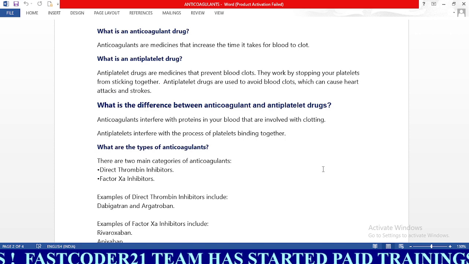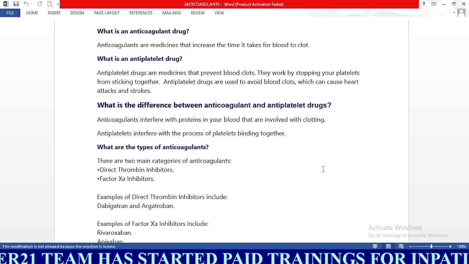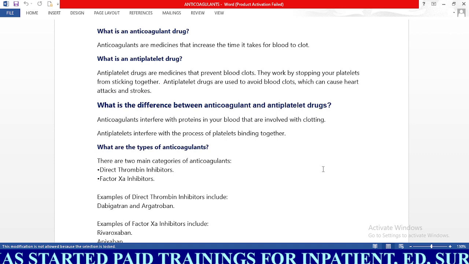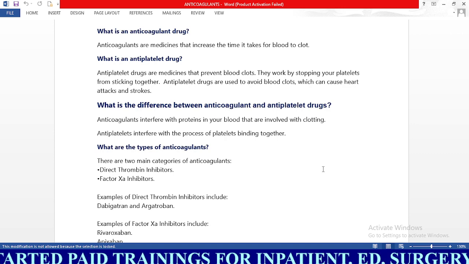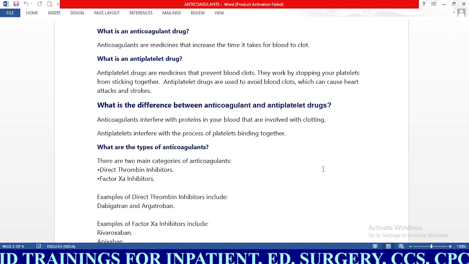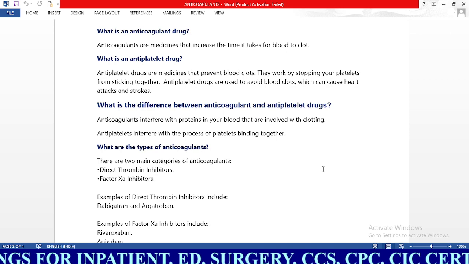They promote free flow of blood by preventing the clot. Anticoagulant means anti, meaning opposite, and coagulant, meaning clot creation. So in order to prevent clots, we will use anticoagulants.